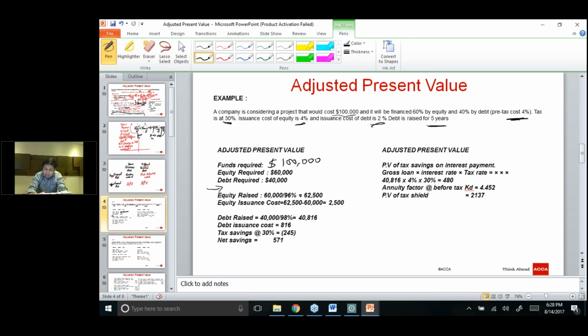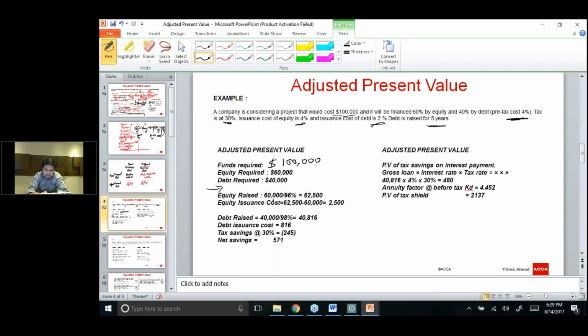So we will assume that these funds are 96%, as the issuance cost is 4%. We will gross up these funds, assuming that we will raise enough funds to be sufficient for the issuance cost as well as for the initial cost.